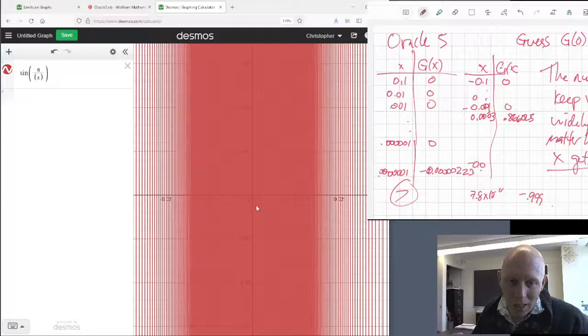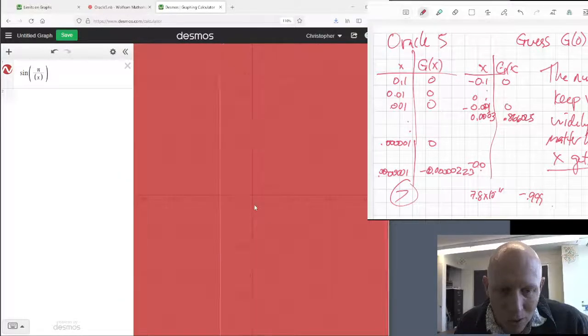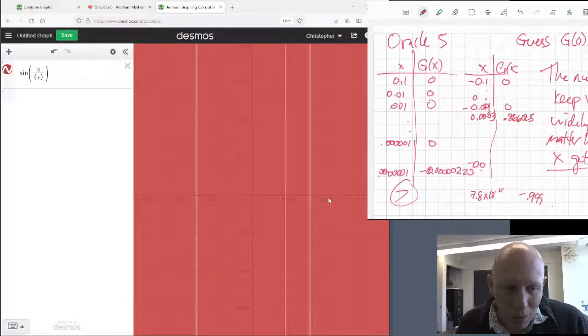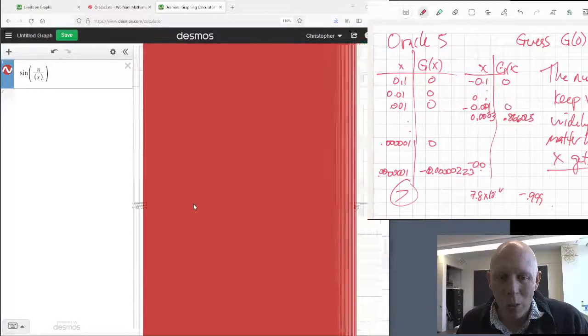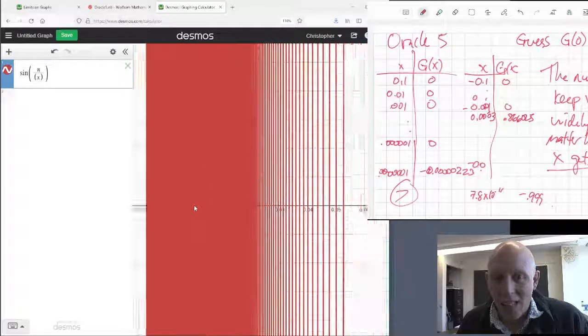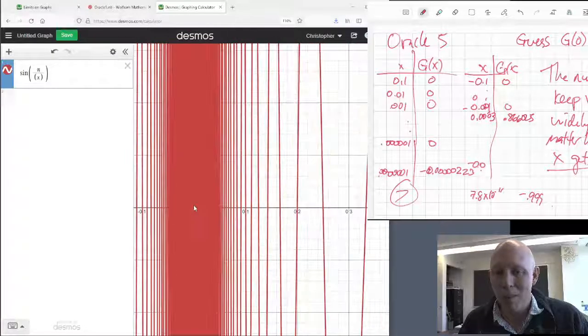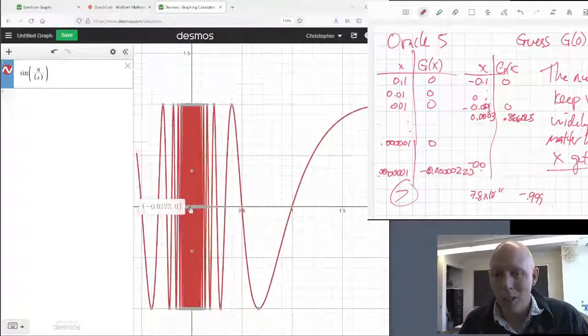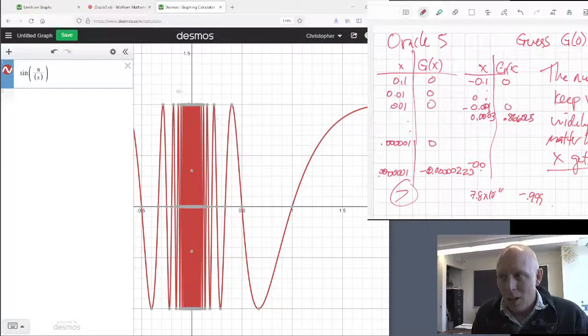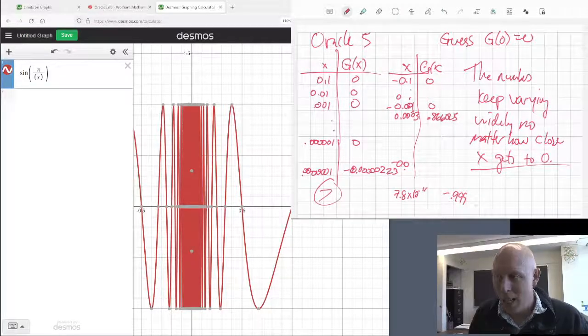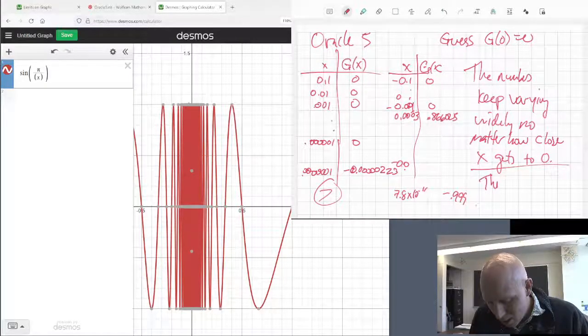So that's really telling us that there's no good answer for what it would be at 0, because it just bounces up and down infinitely many times, going between -1 and 1, infinitely many times. So again, what we're going to say is that this limit does not exist.